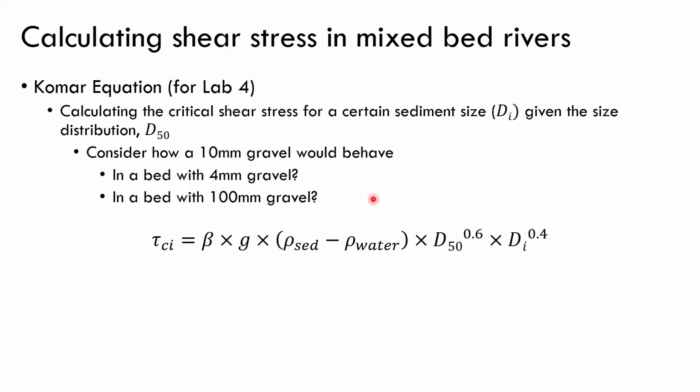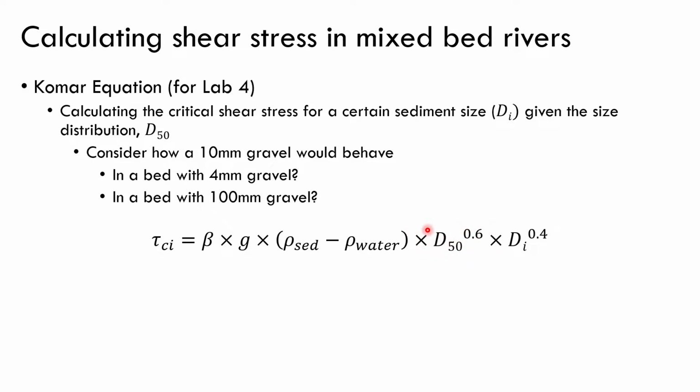So you can rearrange this equation to look at smaller grains within the D50, what their critical shear stress is going to look like, or how the median grain size is going to react within a sediment size distribution, or larger grains within the median grain size distribution.